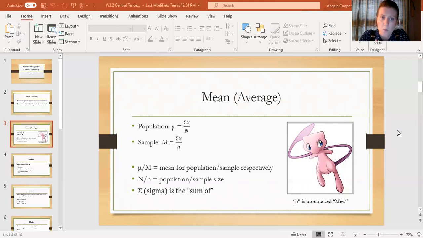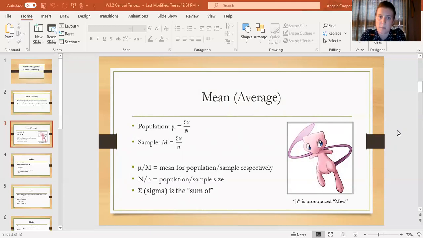With the population formula, it is mu equals the sum of X divided by the population size, and a capital N is going to be the population size. Sigma, that little weird looking E, is just the sum of.